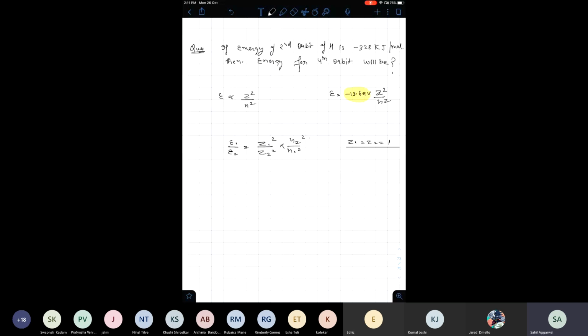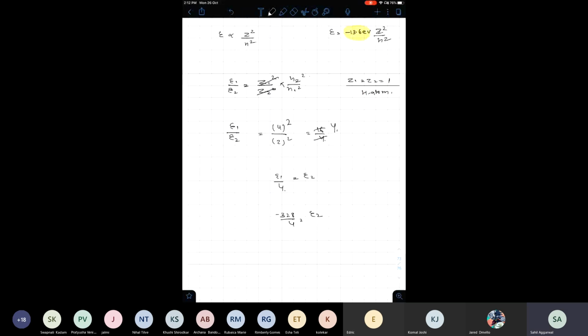So E2 will be equal to what? E1 by 4. E1 is minus 328. Divide by 4. It will come out to be 8 4 32, 8 2 48, minus 82.